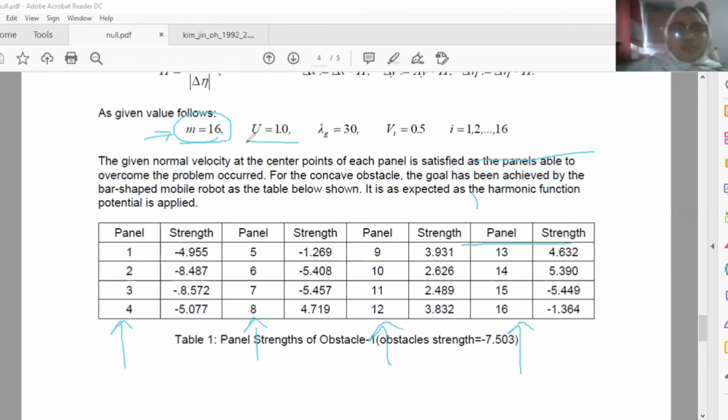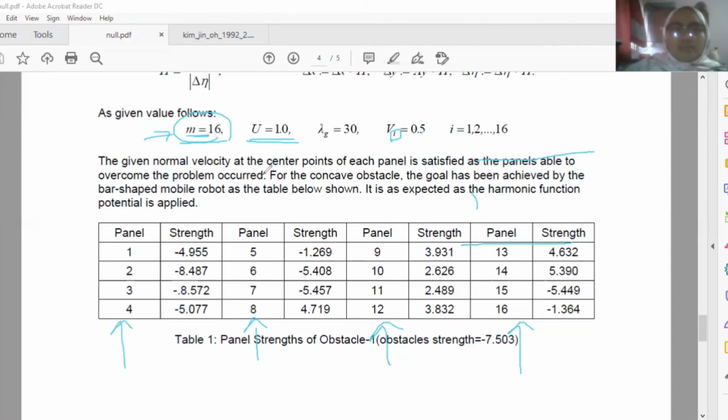So u equals 1.0, alpha g equals 30, v i equals 0.5, and i here equals 1, 2 until 16, which is the value of the m.